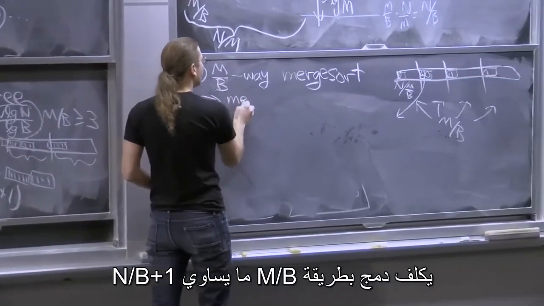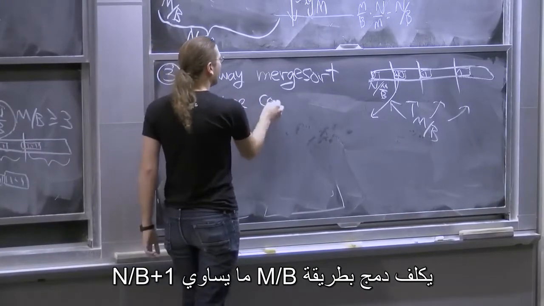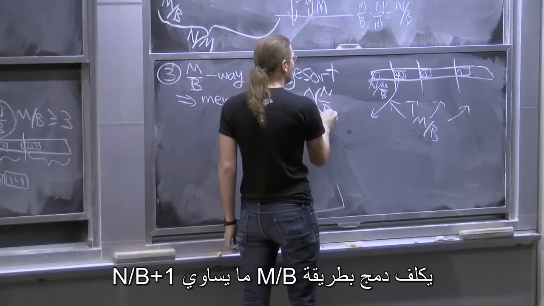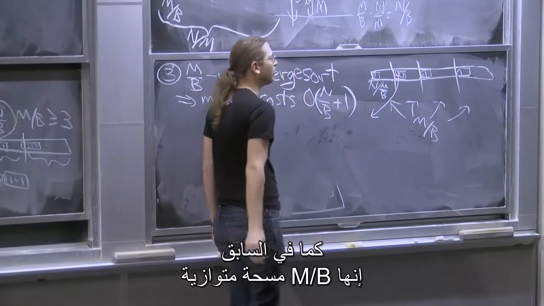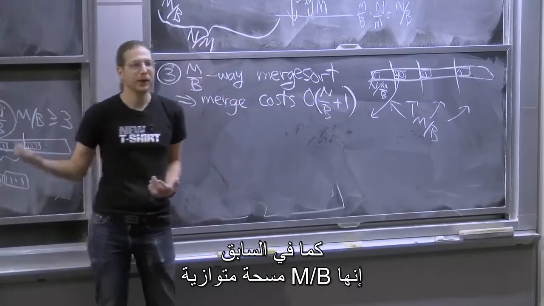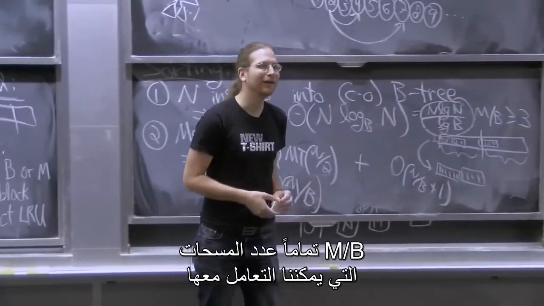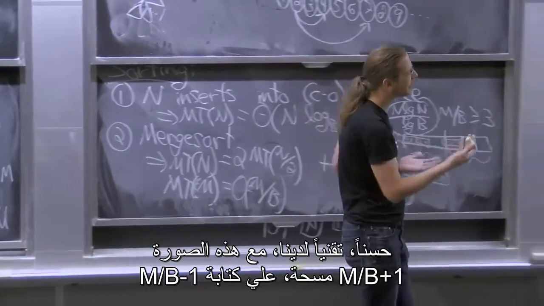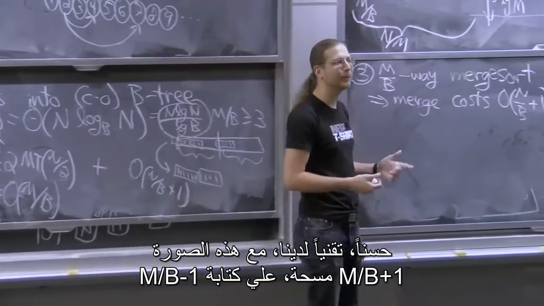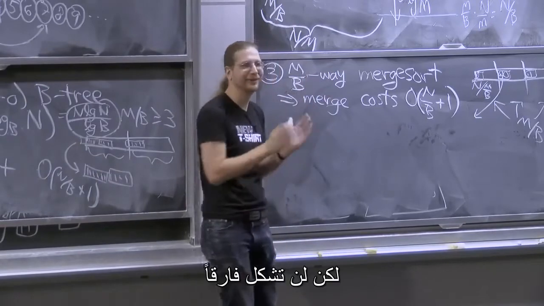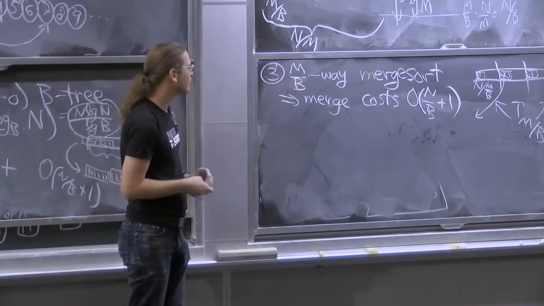An M over B way merge costs N over B plus 1, just like before. It's M over B parallel scans. M over B is exactly the number of scans we can handle. Technically, with this picture, we have M over B plus 1 scans, so I need to write M over B minus 1, but it won't make a difference.